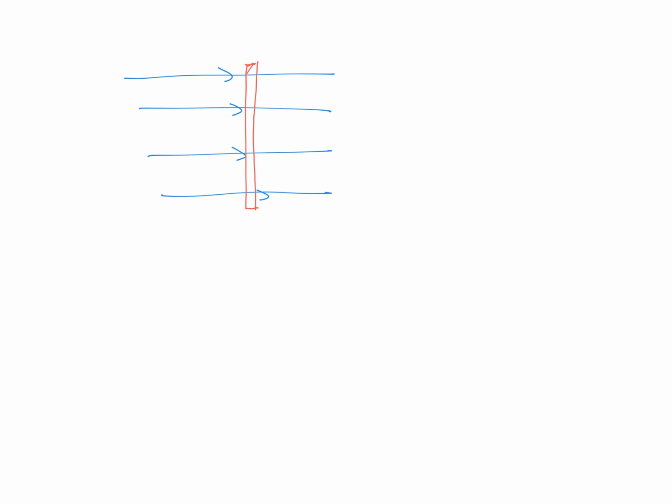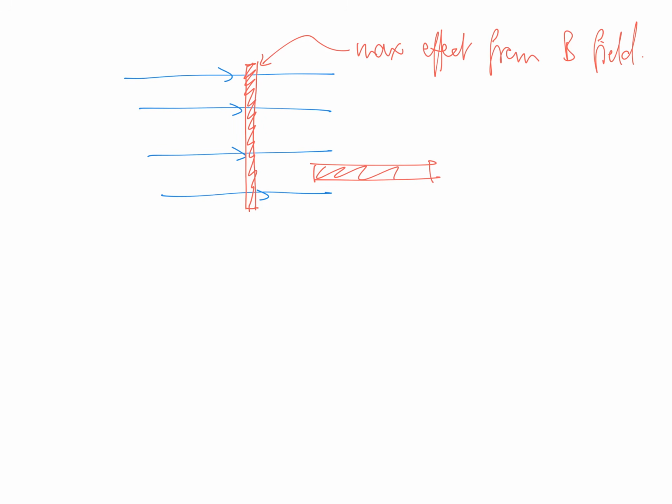because if we do have a magnetic field acting, and we know we have this conductor, we know that in that projection we have a maximum effect from the B field, from the magnetic field. We know also that we get a minimum effect when it's parallel.